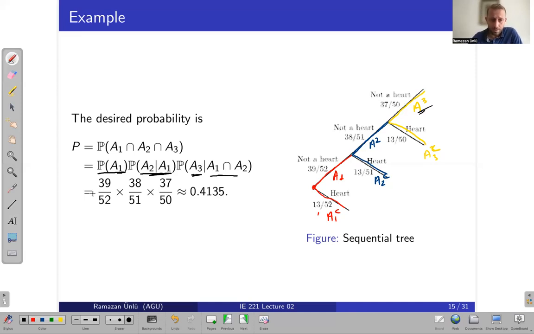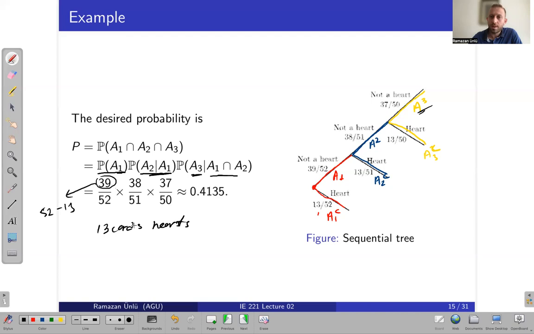If you just put the numbers, there are 52 cards first, right? And there are 39 cards that are not hearts. So the probability of A1 in the first draw will be 39 divided by 52, times 38 divided by 51. Why?